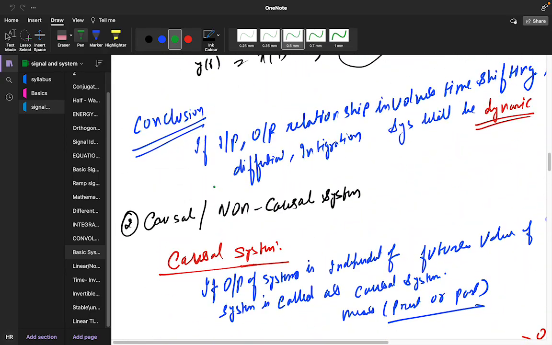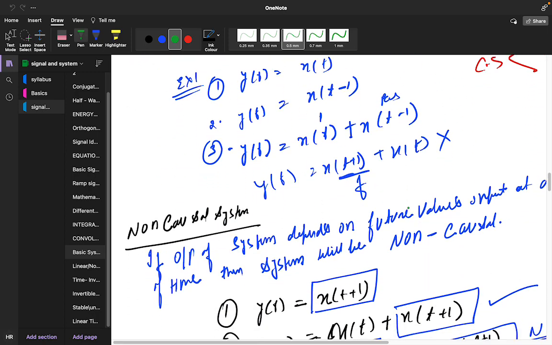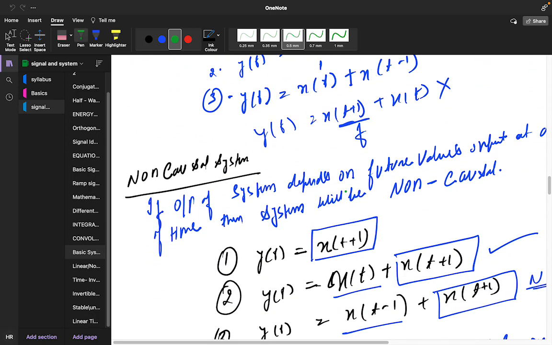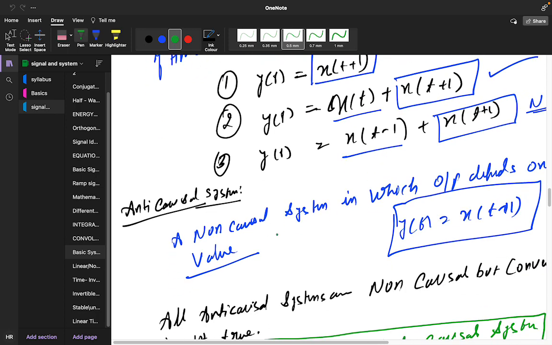So what is the meaning of causal? If the output of the system is independent of the future value of the input, it is called a causal system. What is a non-causal system? If the output of the system depends on the future value of the input at a time, then the system will be non-causal. What is an anti-causal system? A non-causal system in which the output depends only on the future value.